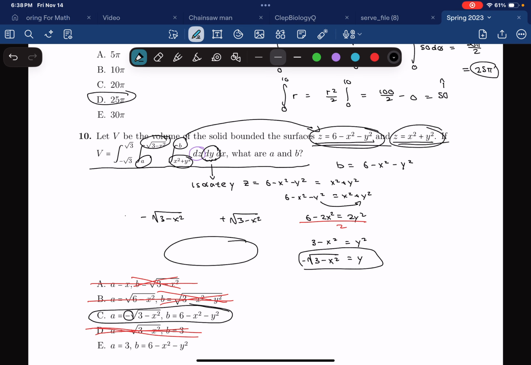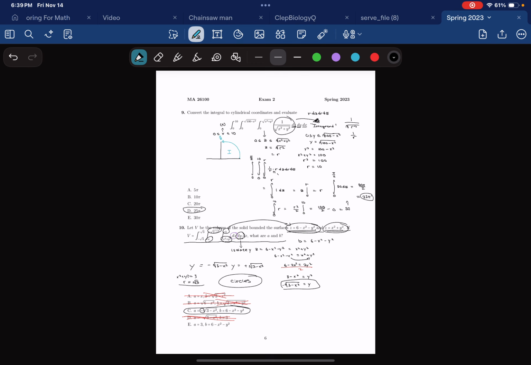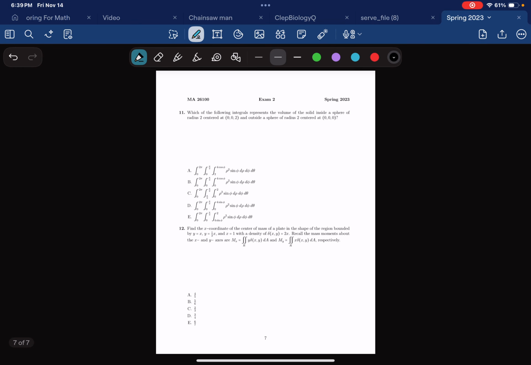Because remember, if we set this equal to y, you just get x squared plus y squared equals 3, which means that r equals the square root of 3. So these are just circles. Okay, a little bit weird, but you got through it.